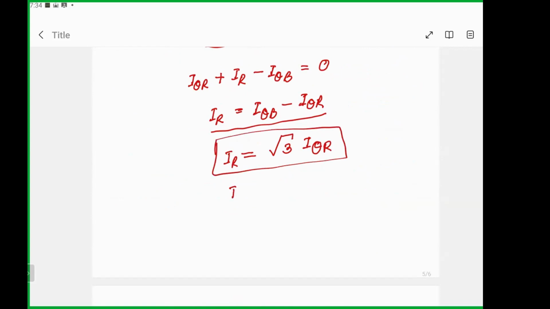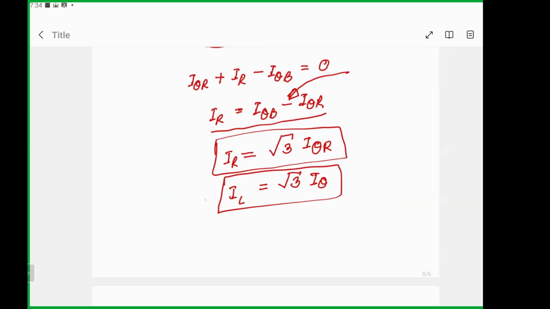So in general, I can write IL is equal to square root of 3 times I theta. The minus sign might be misleading, as if I am subtracting, but in vector summation, subtracting can increase the value. This negative sign does not mean algebraic summation; this is vector summation.